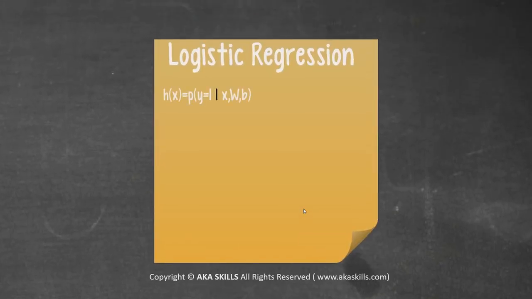We said last video that in logistic regression what we are trying to do is calculate the probability of y equals 1 given x, w, and b, and that's by calculating h of x.